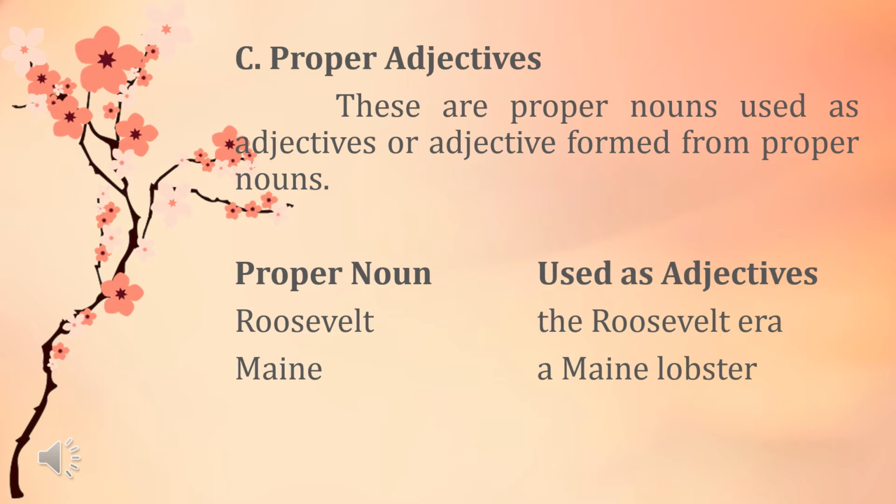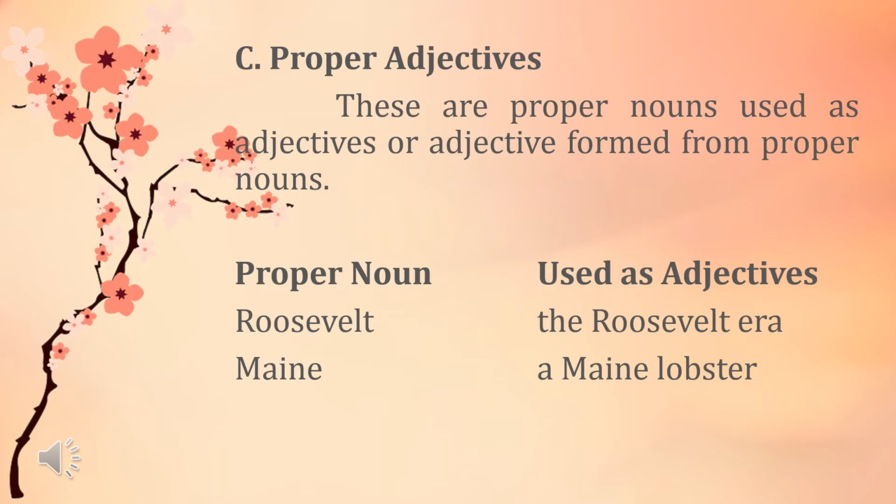We have the third classification, and that is proper adjectives. These are proper nouns used as adjectives or adjectives formed from proper nouns. Now, when we say proper noun, that means a proper noun has an exact name. It usually starts with a capital letter since it has an exact name.